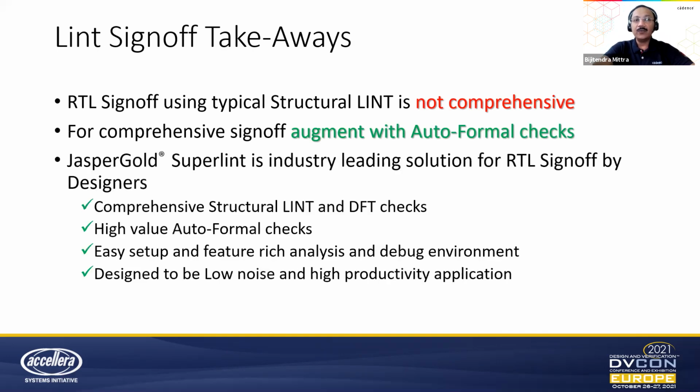And to do that, you have the industry-leading solution in the form of JasperGold Superlint, which gives you a comprehensive set of structural LINT and DFT checks, high-value auto-formal checks as we have seen, and it's easy to set up. It's feature rich when it comes to analysis and debug environment, and it is also designed to be a low noise and high productivity solution.